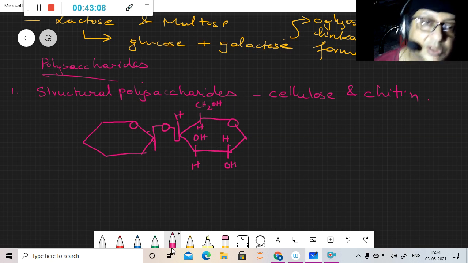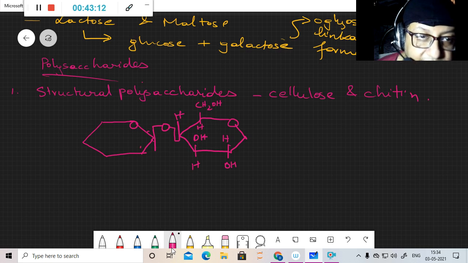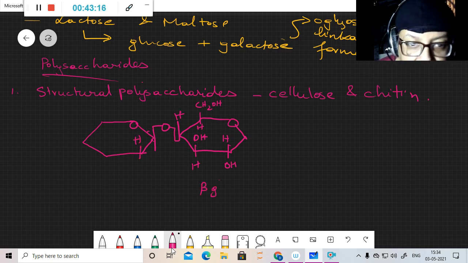So the linkage is like this. It's not from the bottom, because these are units of beta glucose.